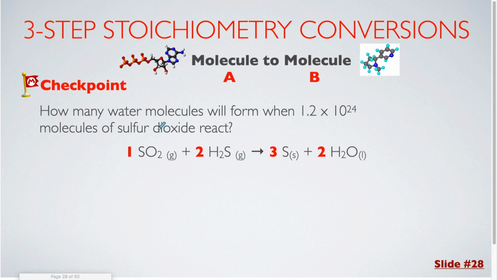All right, for our final 3-step stoichiometry example, we have molecule A to molecule B. So in this example, we are starting with 1.2 times 10 to the 24th molecules of sulfur dioxide.